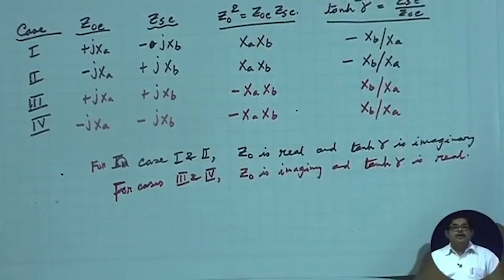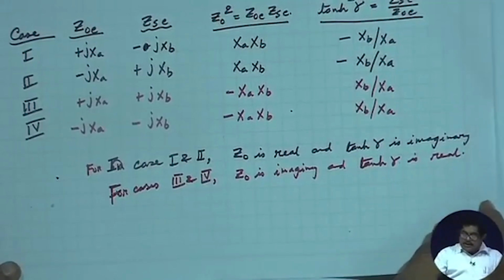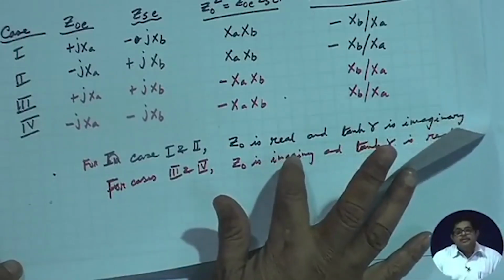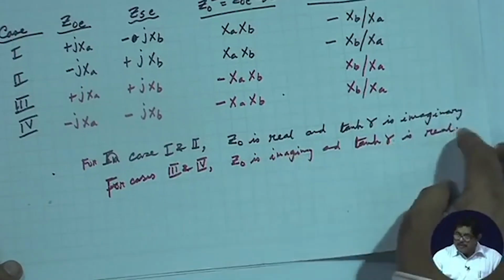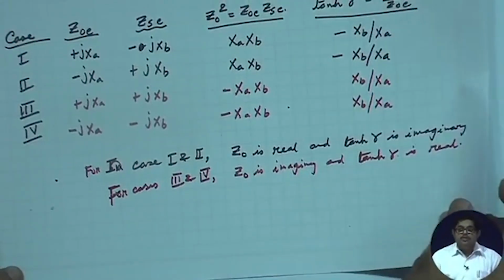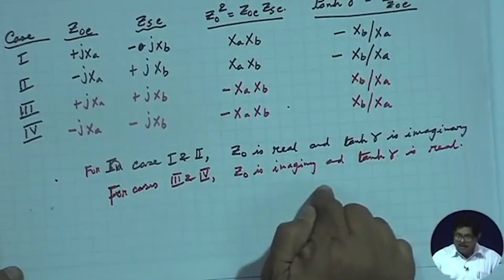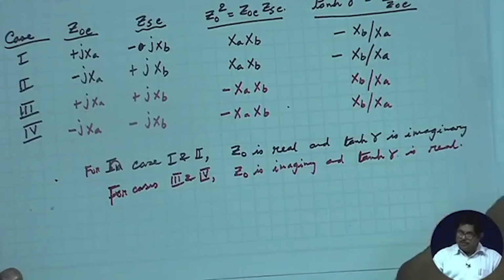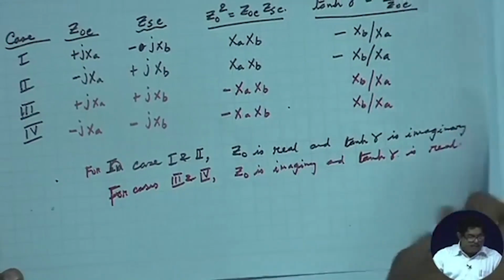Still I have not proved the theorem, because the theorem said that if Z1 is real, alpha will be 0. If Z1 is imaginary, there will be non-zero alpha. I have not reached there, so I need to do that to prove the theorem. So, part 1 is this.